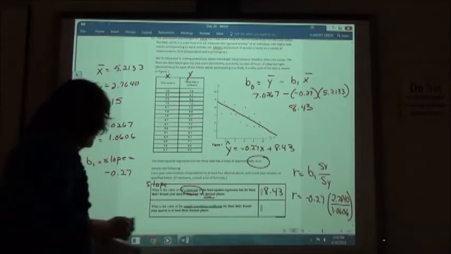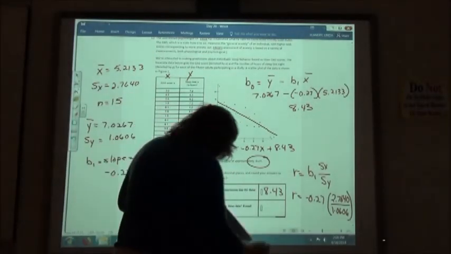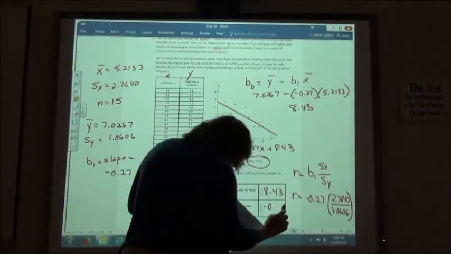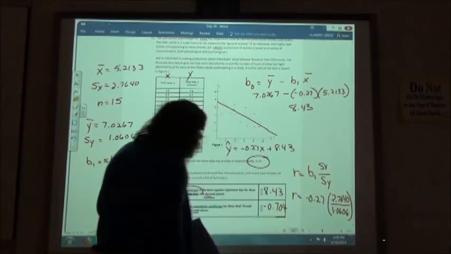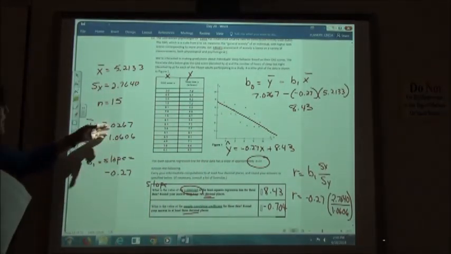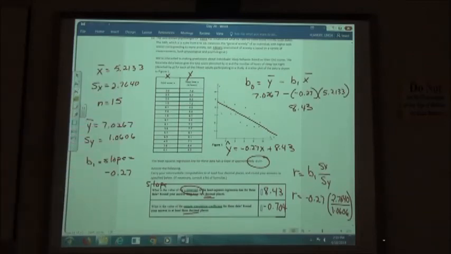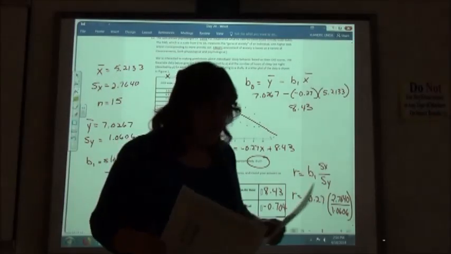Rounding off to 3 decimal places on this one, we should get negative 0.704. And again, depending on rounding, it may be different, but I did carry mine to 4 decimal places like they specified, so I should be pretty close. All right, that is the end of homework 20.